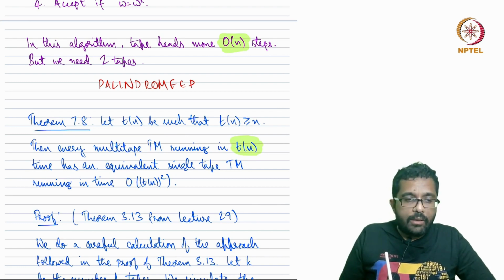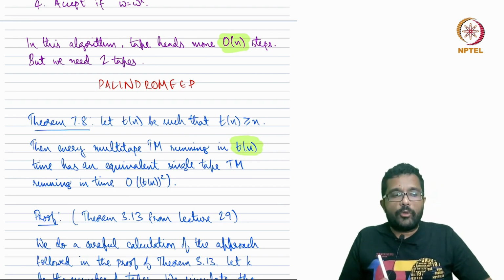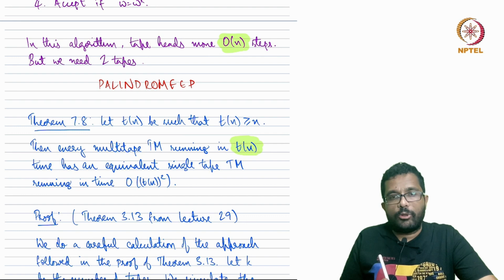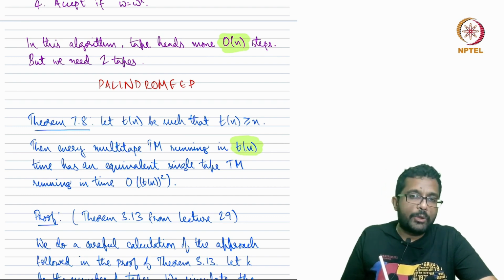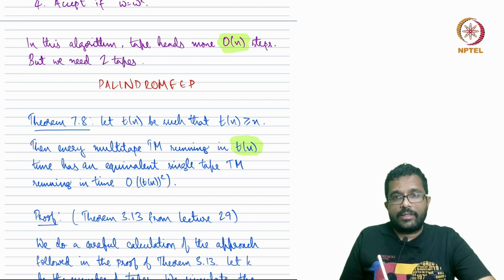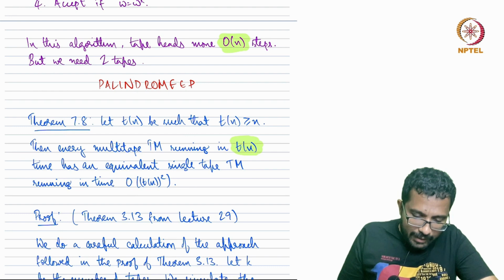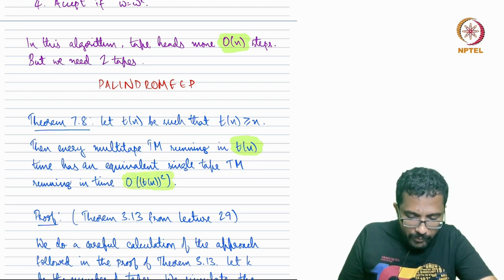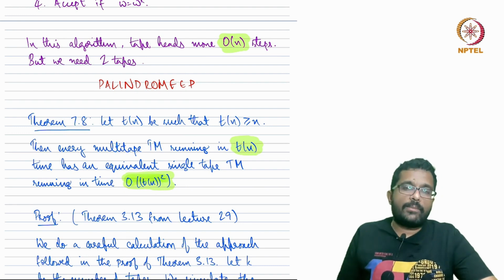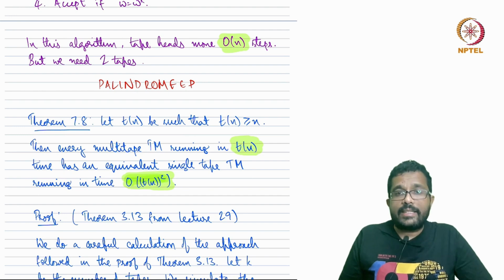Now if you remember, when we studied multi-tape Turing machines and the equivalence to single tape Turing machines, we saw that anything a multi-tape Turing machine can do can also be done by a single tape Turing machine. What this theorem states is that the single tape Turing machine, to decide the same language as the multi-tape Turing machine, takes time order T(n) squared.